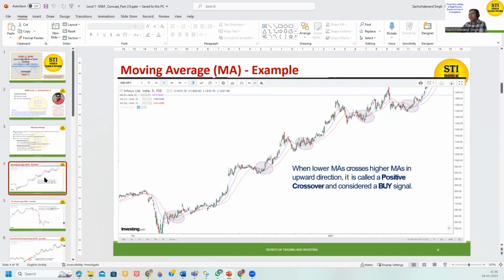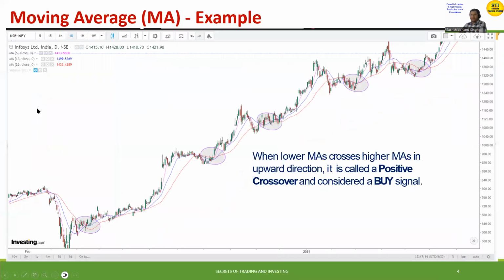This is one of the favorable scenarios. Once we apply more than one concept, based on that we are going to take our decision to buy or sell. And this moving average positive crossover is one such criterion. Okay, along with that we will use some more criteria while taking the trade. As of now, just understand the concept of positive crossover in a moving average scenario.